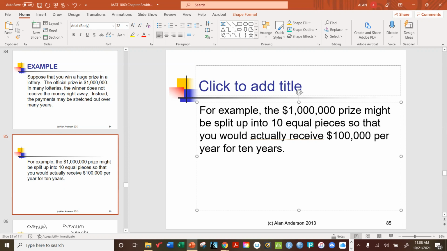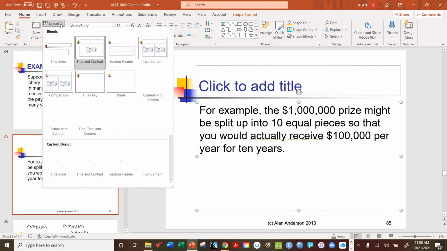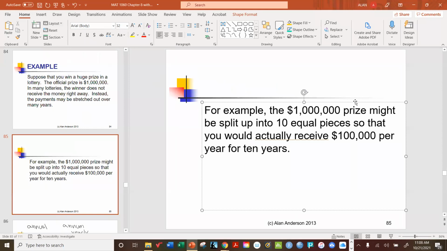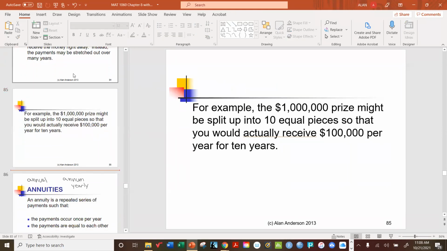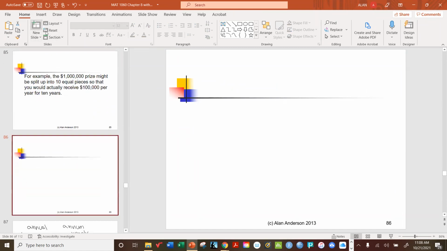Partially because maybe you wanted to buy something with the money, but also partially because, as it turns out, you can earn more interest if you're saving this money by having it all right away rather than splitting it up over 10 years.